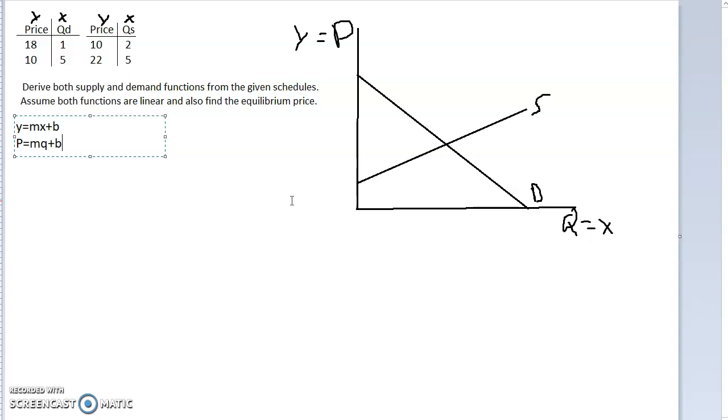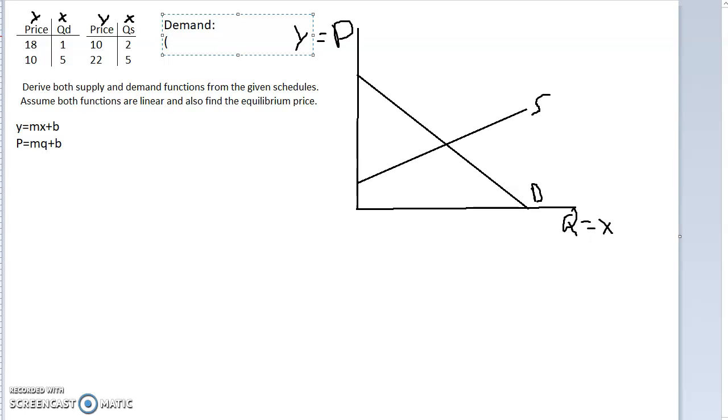Okay, so what we're going to do is, it might help if we take these and turn them into ordered pairs. That might help a little bit. So on the demand side, the pairs are xy, so it's xy.